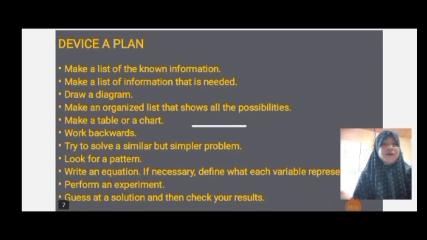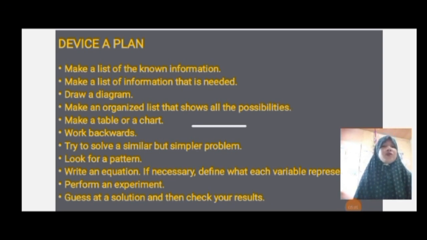The second one is devise a plan. Make a list of the known information. Make a list of information that is needed. Draw a diagram. Make an organized list that shows all the possibilities. Make a table or a chart. Work backwards.